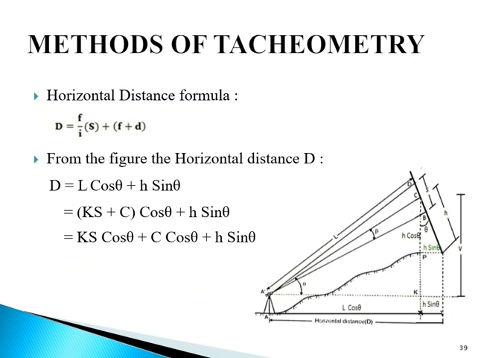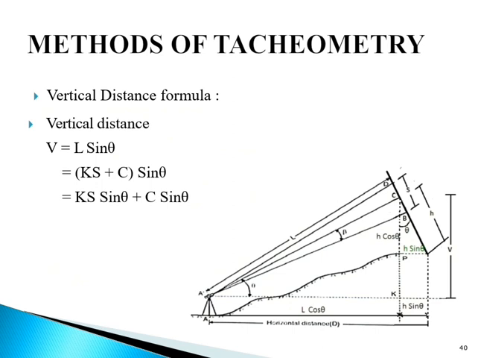From the figure, the horizontal distance, say capital D, is equal to L cos θ + h sin θ. Further simplifying it, (ks + c) cos θ + h sin θ. We have already put the value of capital L, which is ks + c. And further it is simplified into ks cos θ + c cos θ + h sin θ.